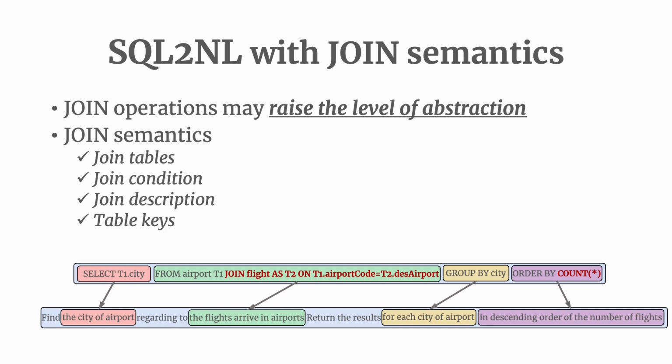But by incorporating the join semantics here, we can get a pretty good dialect to capture the specific semantics of the join operation. So this is very good for the next ranking purpose.